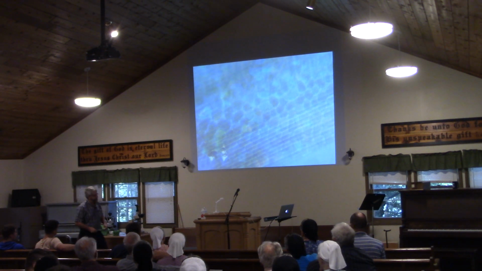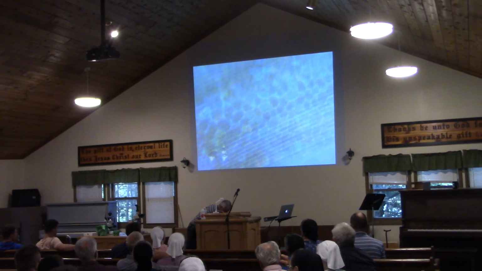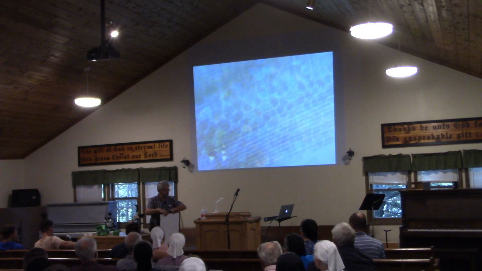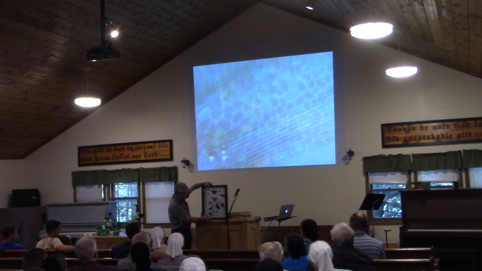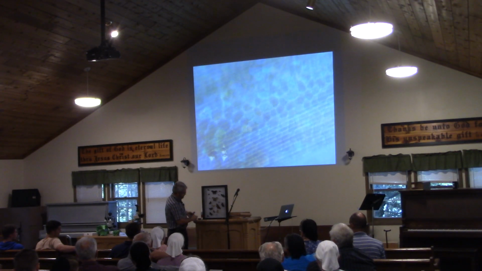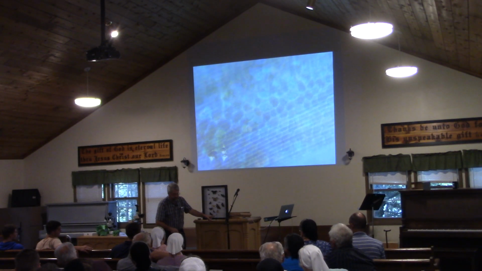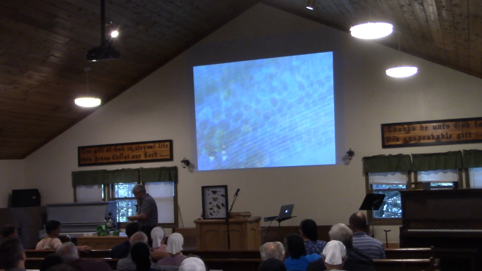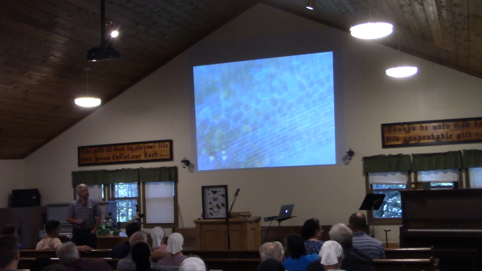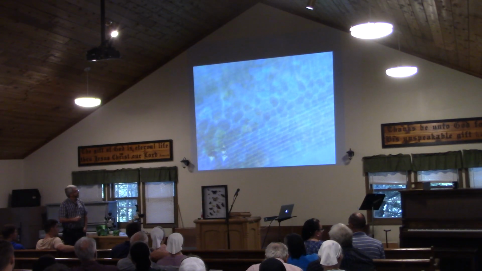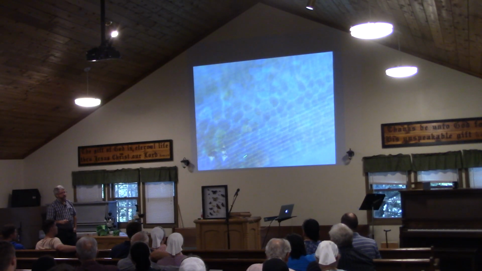And it is, in fact, this little inconsequential butterfly right here. This is a juniper hair streak. And their green color is produced by the structure of this wing scale.